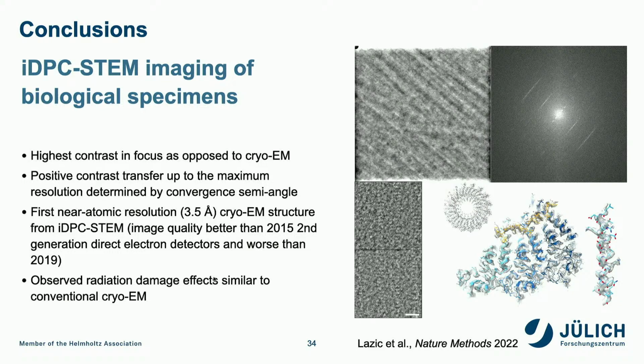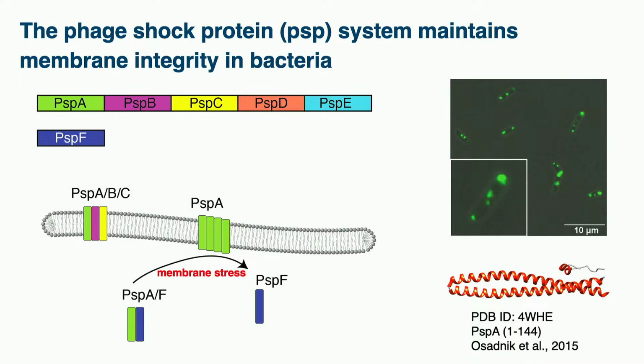And now in the second part of the talk, I will just show you how we regularly use TEM imaging and apply it to a particular biological system. This is a system that we have been working on in a collaborative project, the phage shock protein family, PSP genes that are all located on one operon. They occur in bacteria, and they are being upregulated when phages infect bacterial cells.